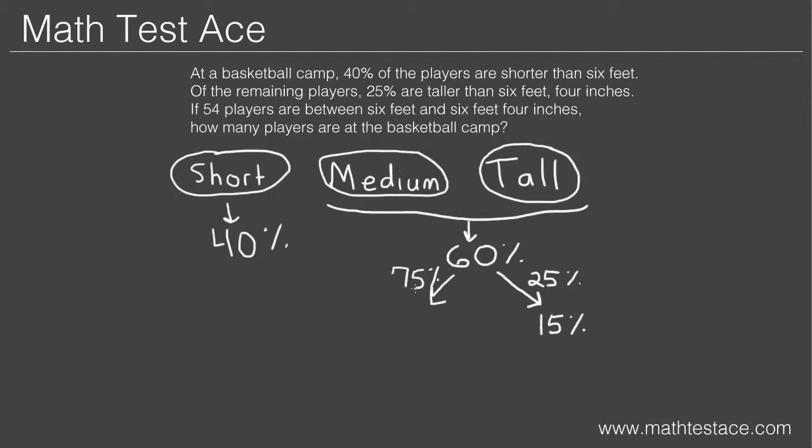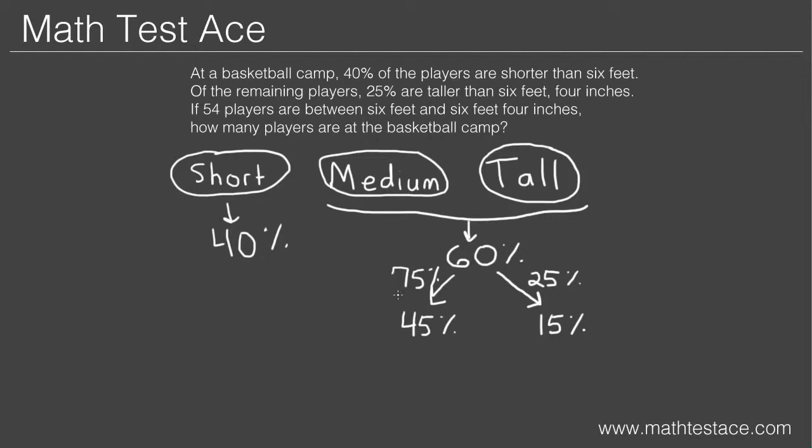We do the same thing over here. 75% times 60% is 45%. And since we already know that the tall players are 15%, it makes sense that it would be 45% for the medium players, because those two percentages have to add up to the 60 that we have right here.